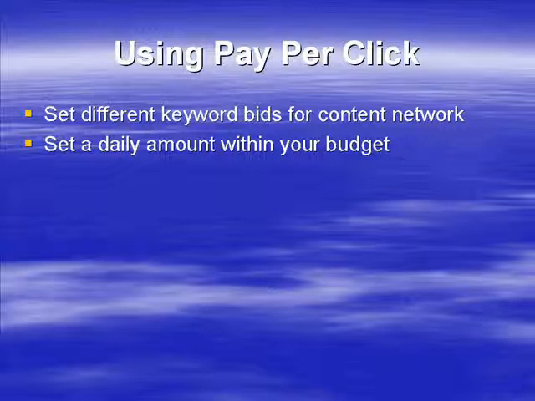Now, you've got to remember, you can set a daily advertising budget. You've got to set something that you can afford, and you have to think cash flow and monthly payments with this, okay? Google will take the money out of your bank account, I believe, monthly.